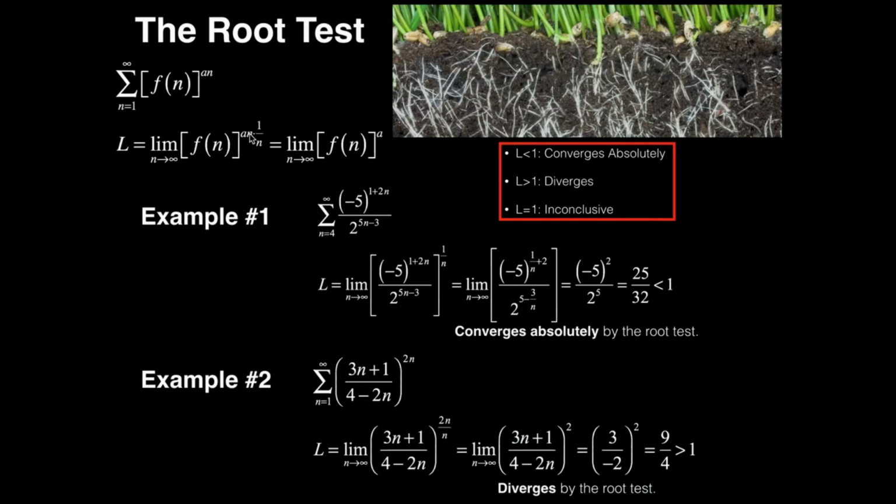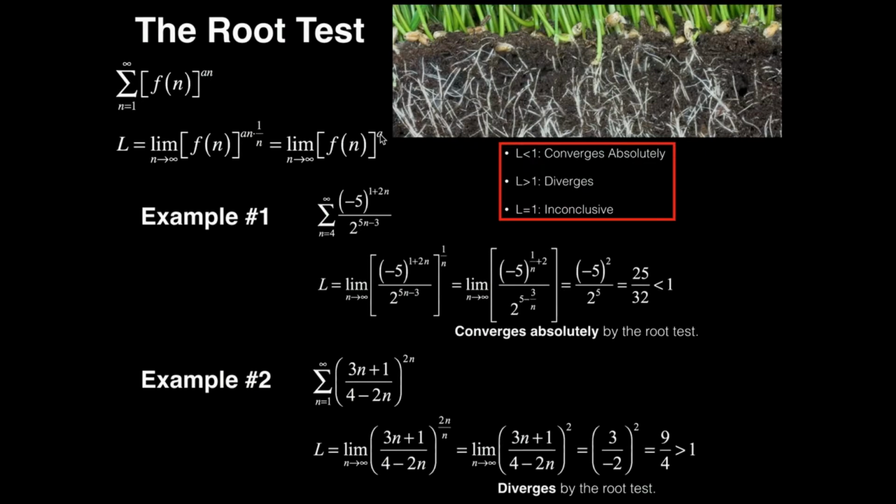But in the root test, here's the key, we raise this whole thing to the 1 over n power. Sometimes this is called the nth root test because we're raising it to the 1 over n power. Generally, raising everything to the 1 over n should cancel the n that was already there, and so you're just left with some power.